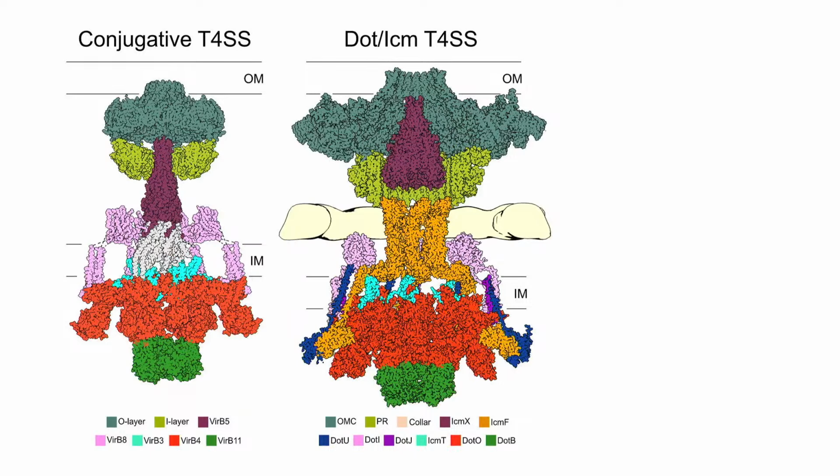You can see that there are many homologous pieces. The Waxman group proposed that pilin subunits in the inner membrane would slide up the shoulder of this platform protein in gray and would come beneath this thing, which would become the tip of the pilus.